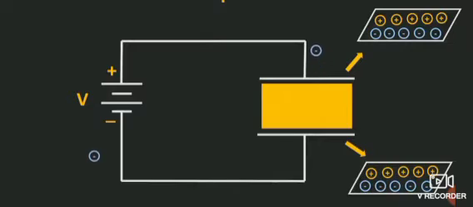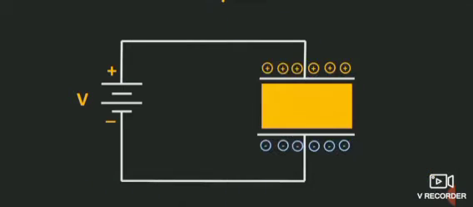The capacitance of two conducting planes is defined as the ratio of the magnitude of charge on either of the conductors to the potential difference between the conductors. Let us see the figure in which the top plate has positive charge and the bottom plate has negative charge. So a potential difference exists in the capacitor.